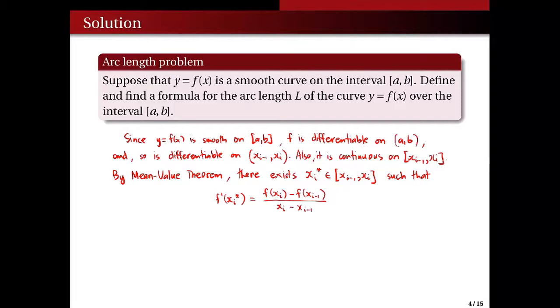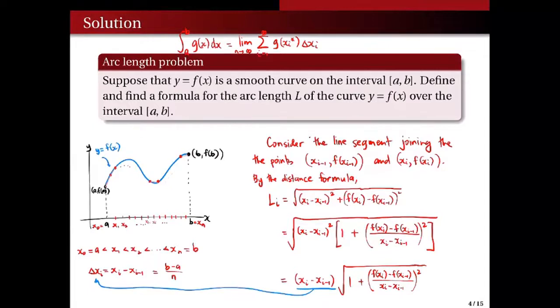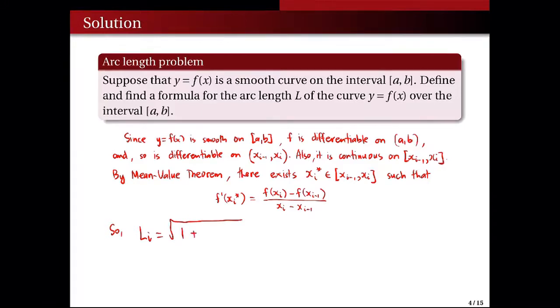But look at this part here. It's precisely this guy here. So what does this mean? L sub i is the square root of 1 plus f prime of x sub i star, times delta x sub i.